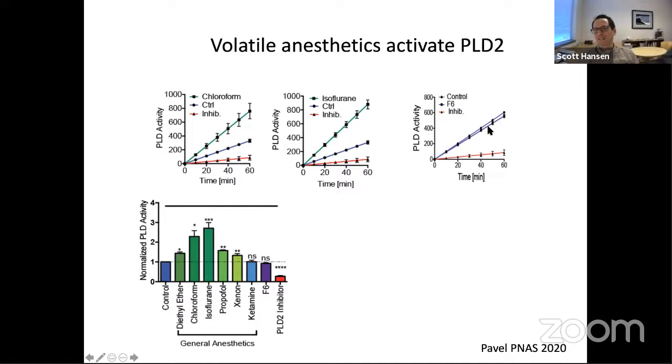I don't know that I'm ready to explain. We understand F6 now a lot better, and we'll follow that up. But yes, they are outliers, and the fact that there are outliers in this system too, I think is a very strong indication that this system is involved in anesthesia.